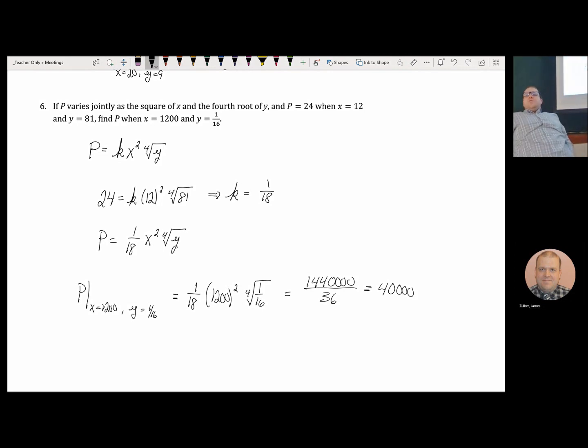Really all you need to know about variation. Very easy. Like I said, it's also a very common model type. It's very common. Questions on variation?